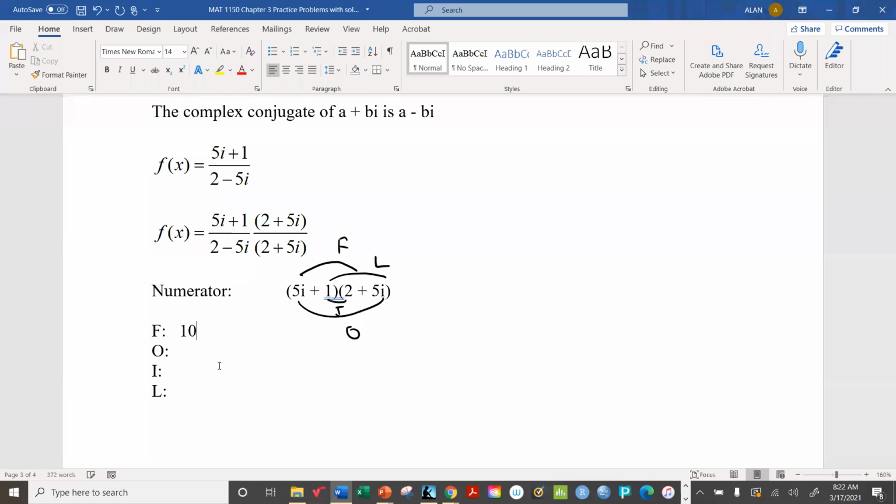Whoops, no caps, it's i, lowercase i. Outer is 25i squared. Inner is 2, and last is 5i. Okay, so this equals, so we bring them together. Now you can see we've got some repeated terms.